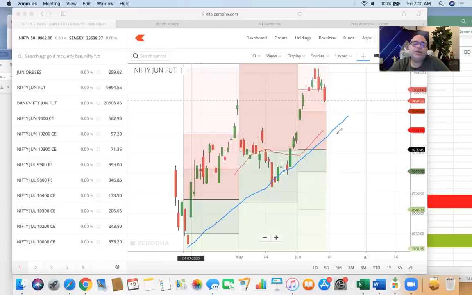So we are going to open below this zone. Okay. So chances are we may go back, retest this trend line, and then have a further decline.